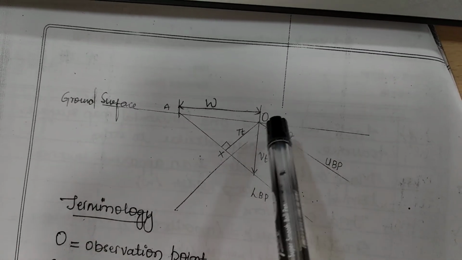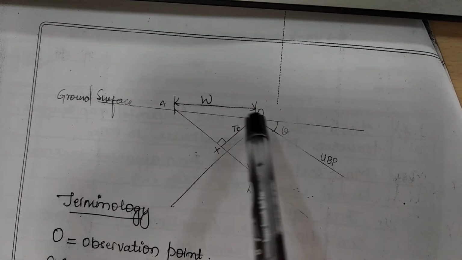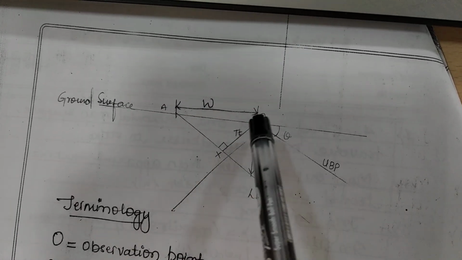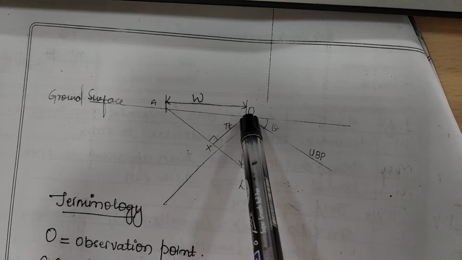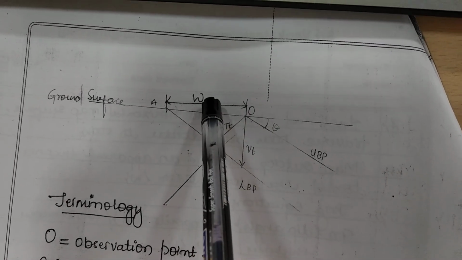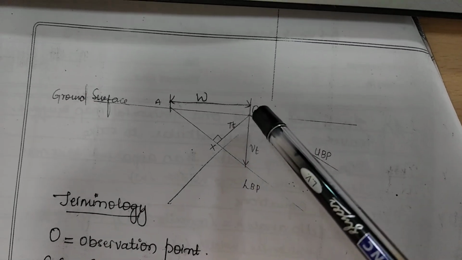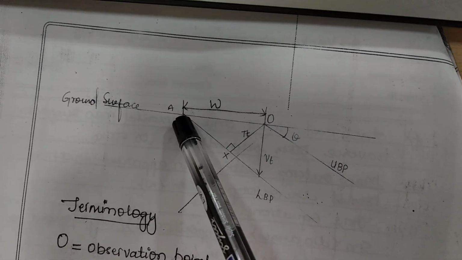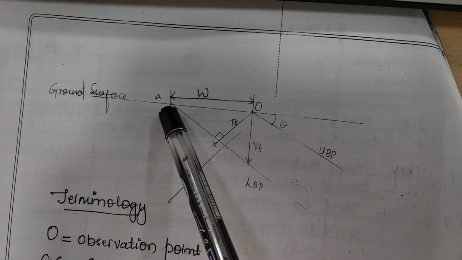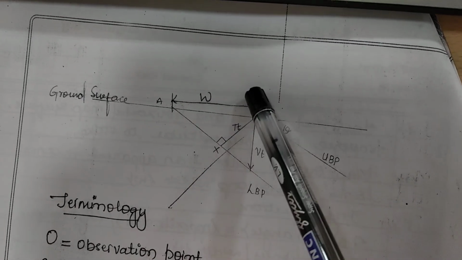We call this the width of the rock exposure, W. From the observation point O, how much distance of the rock is exposed on the surface, up to A, that we call W.